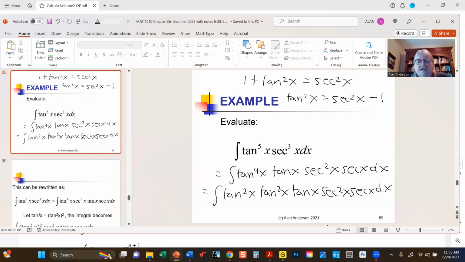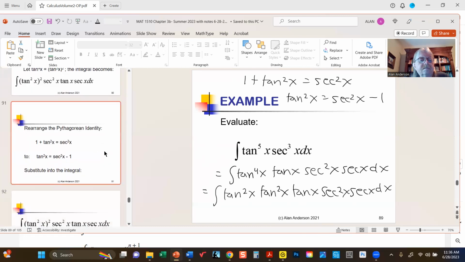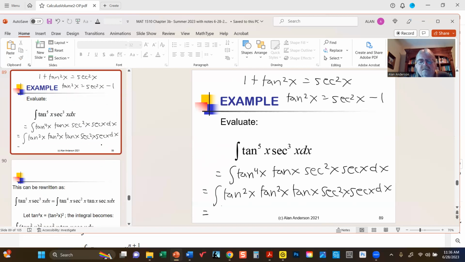And then what do we do now? All right, let's try this. So this second tan squared x is going to be replaced with secant squared x minus 1.